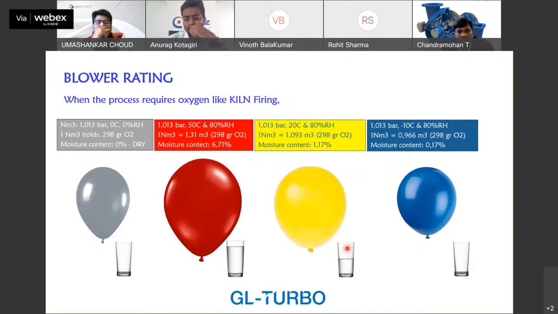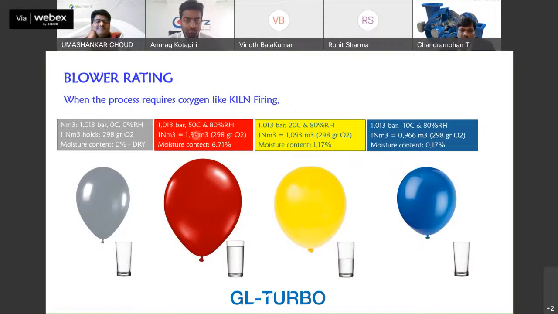He calculated everything, and he started with 13% for some reasons, and later came down to 6%. Only 6% effective firing is happening inside the kiln. That was in yesterday's seminar. So you can understand the effective amount of oxygen which is required, that means which is supplied by the blower.